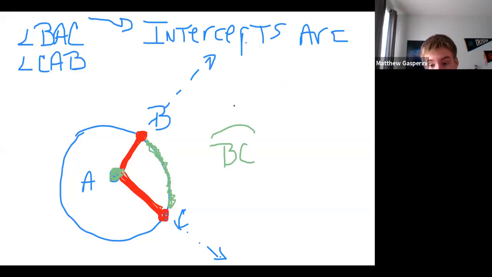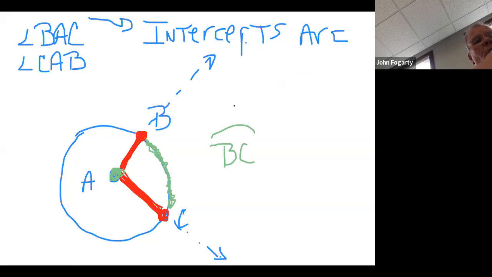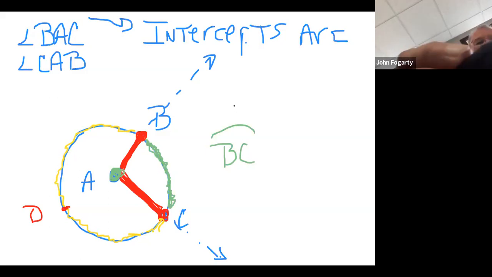Now, there's also another arc. If angle BAC intercepts this arc, we also have this part of the circle as well, from B to C. But if I was talking about that arc, I would have to name it differently than BC.